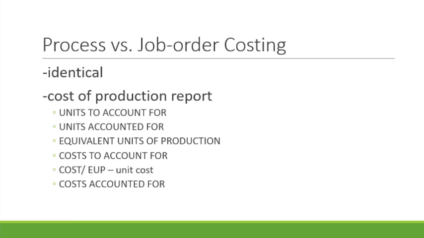Sa normal spoilage naman, 550 times 6 and 412.5 times 16. Sir, bakit hindi sinasama yung WIP ending? Kasi po ang tinatanong dito is the cost assigned to transferred out units.